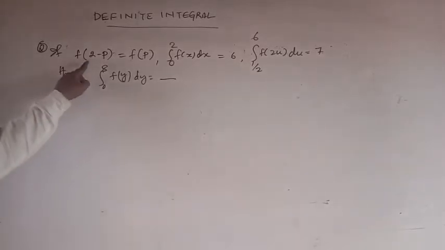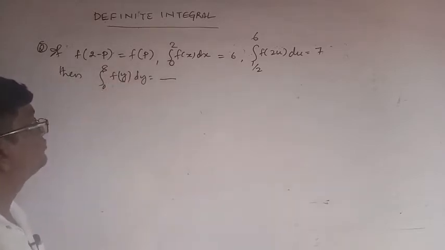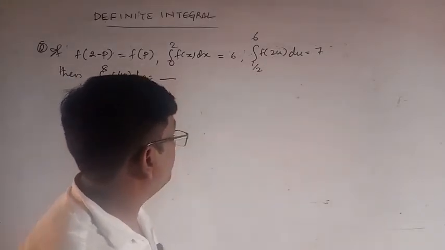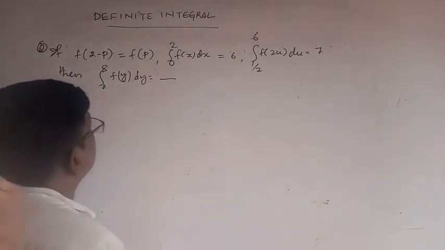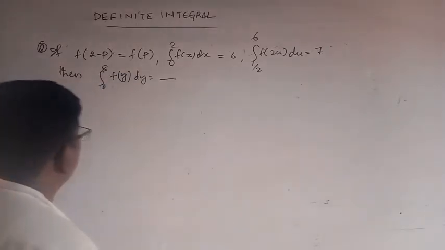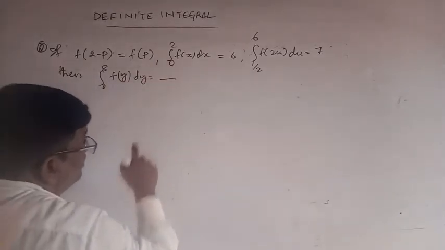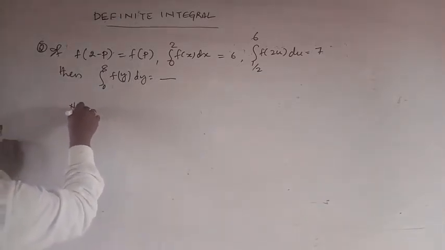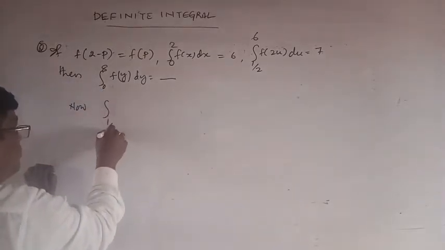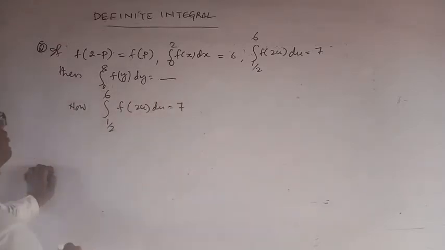If f of 2 minus p is equal to f of p, okay, then the integral from 0 to 2 of f of x dx is 6, and the integral from half to 6 of f of 2u du is equal to 7. Find the integral from 0 to 8 of f.